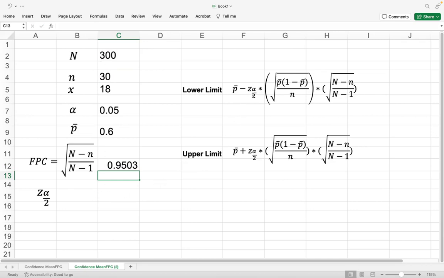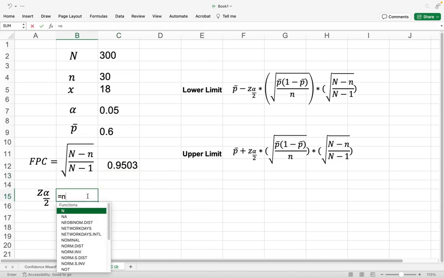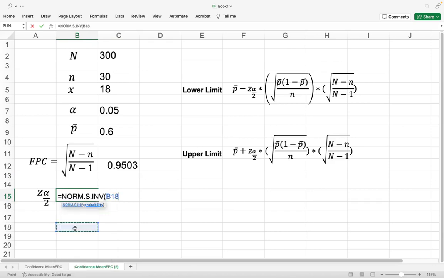Now in the formula, I need Z alpha divided by 2. I use this function: NORM.S.INV, then 1 minus alpha divided by 2. You can round this number to 2 decimals.